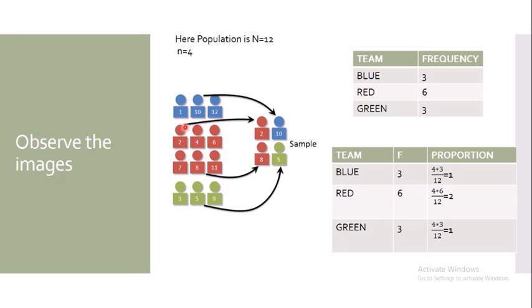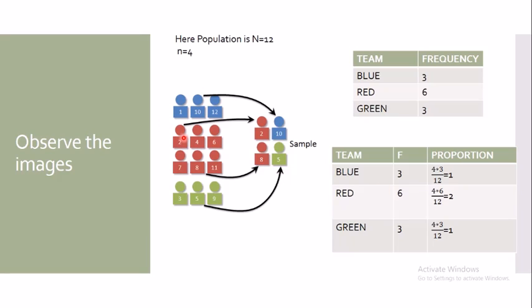Similarly, I do the same procedure in the red team. In the red team you have 6 members. My desired sample size is 4, so 4 into the proportion of red with respect to the population, that is 6 divided by 12, which is equal to 2.